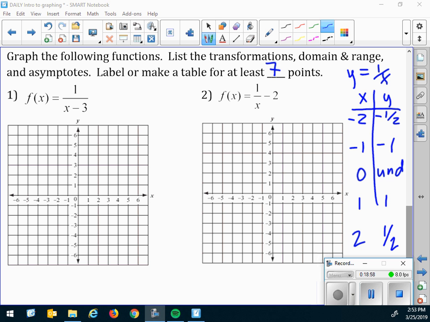We're going to put a couple others in there. Let's put in 4 and a 4th. 1 divided by -1/2 is the same as 1 times -2.